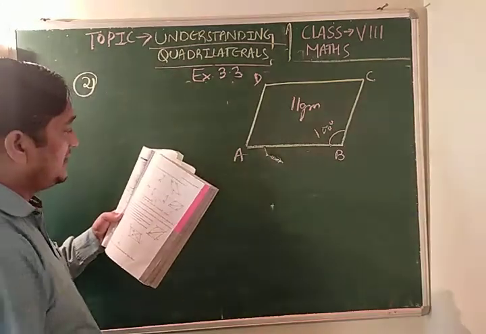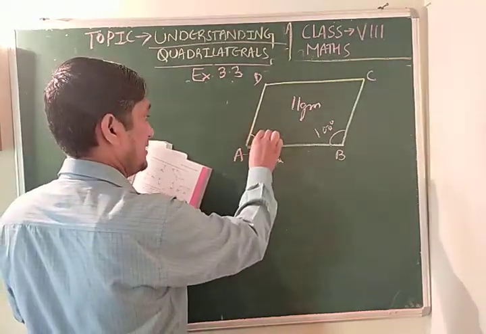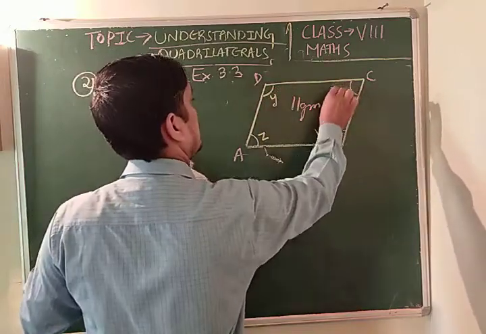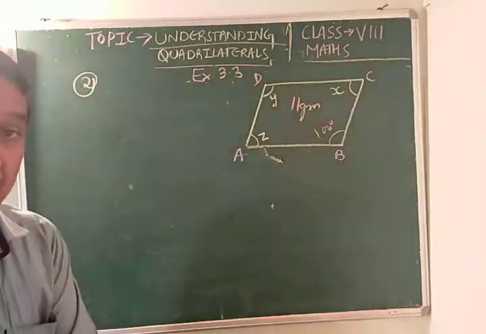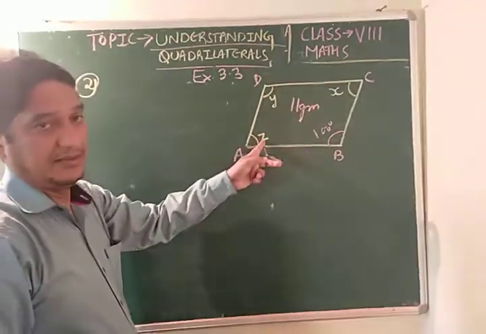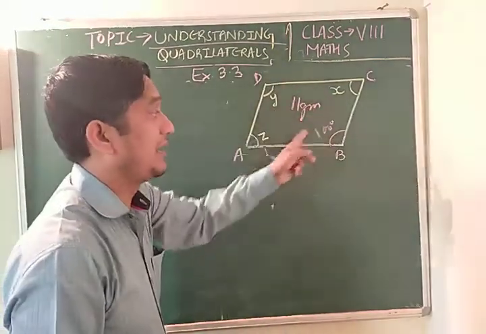Now we have to find the unknown quantities, that is angle Z, Y and X. Now children, we are able to find X, Y, Z by the properties of a parallelogram.